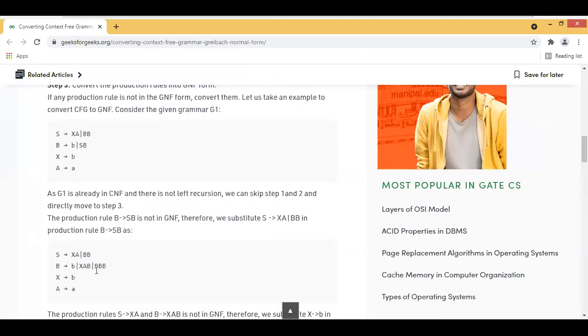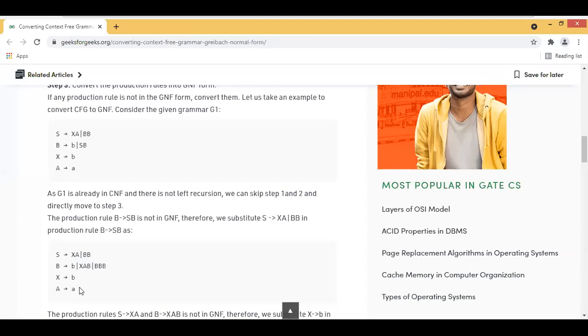The remaining rules stay the same: X tends to B, A tends to A. So now I am converting the grammar into GNF, and to do that I am doing the substitutions. Why am I doing the substitutions here? To get the grammar in the form of GNF.